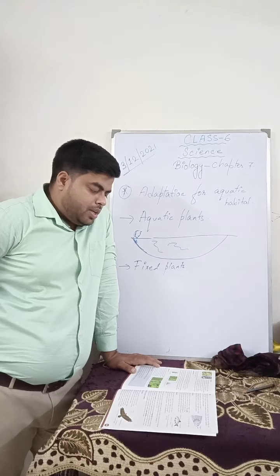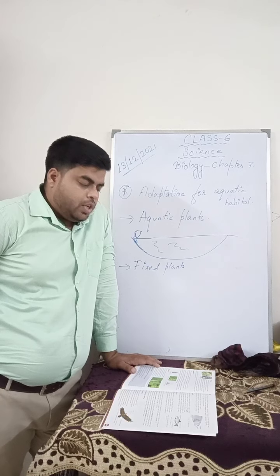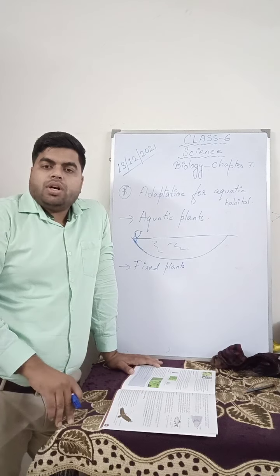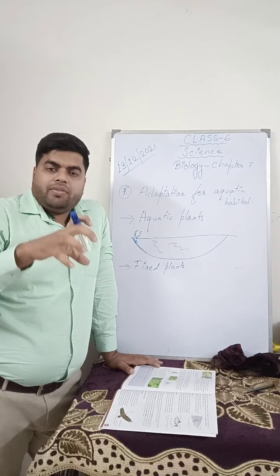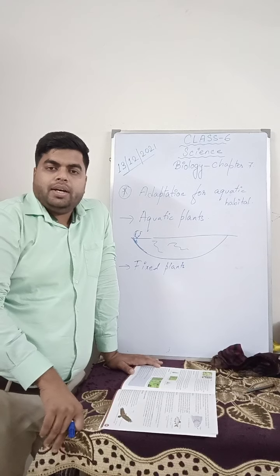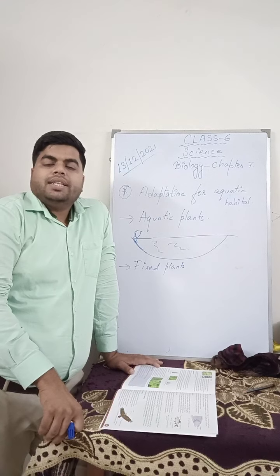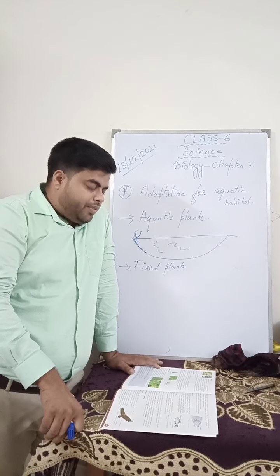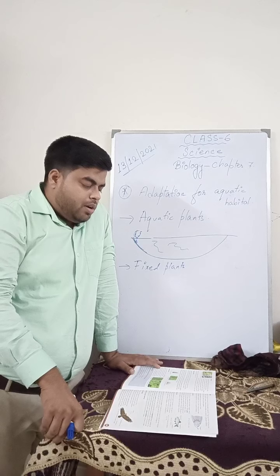For example, lotus and water lily. So these fixed plants, the roots are very strongly fixed to the soil, and their flowers and stems are out of the water. Like for example, lotus and water lily.